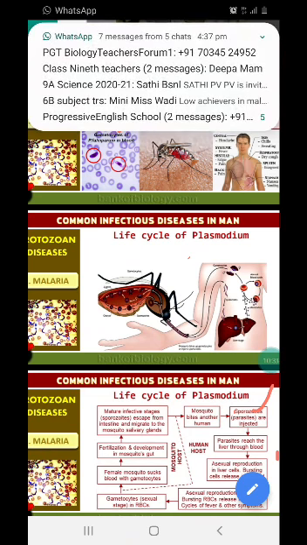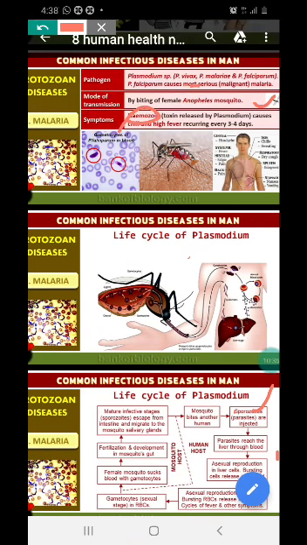From the liver, it undergoes asexual reproduction many times to form a large number of these organisms, and they are released into the blood by the bursting of the liver cells.